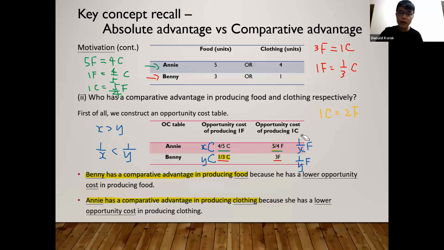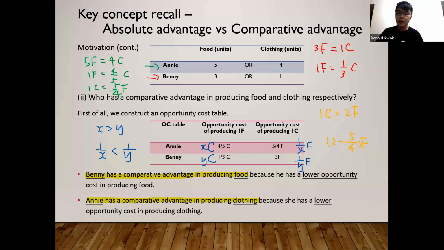So what will be the gain for Benny and Annie in this case? We know that Annie is the one who produced clothing. For each unit of clothing she trades, she will receive 2F while requiring 5/4 F of production costs. So in some sense, Annie is gaining 2 minus 5/4 units of F per unit of clothing traded. While for Benny, he is the one who buys clothing.